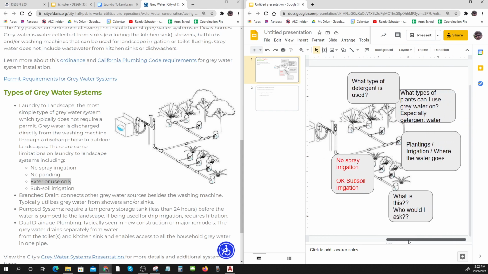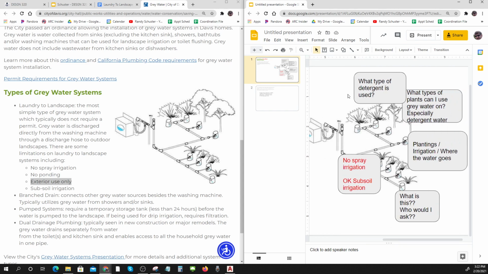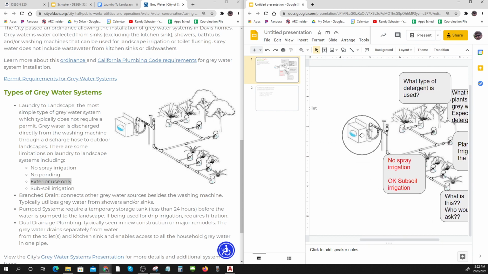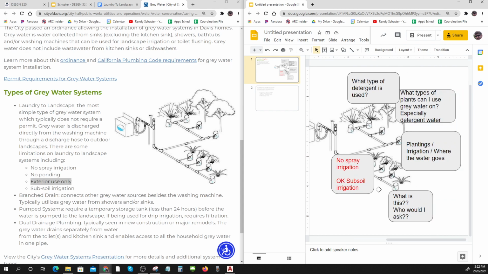And I do live in Davis, by the way. And one from a shower. And this one feeds one area. They don't go together. This feeds one area. And the one from my shower actually feeds orchards in a tree. And I did find out how to do subsoil irrigation. I figured out how to do that.